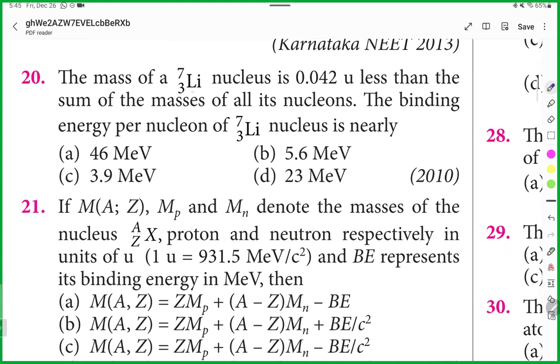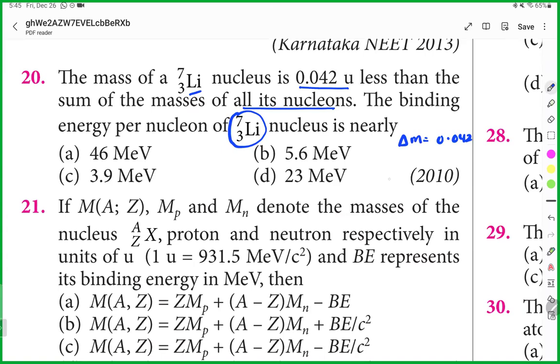Sania, mass of lithium is this unit less than the sum of all its constituents. What is the binding energy per nucleon of this? So what is delta M? 0.042, correct?